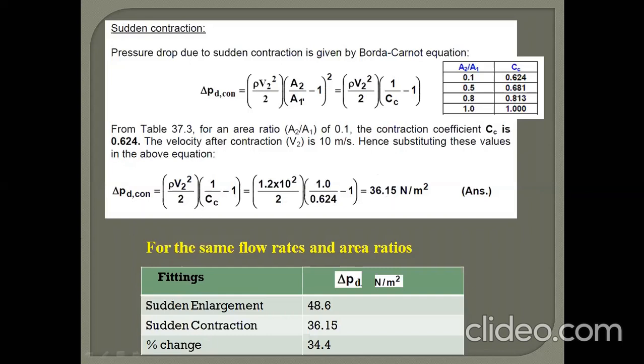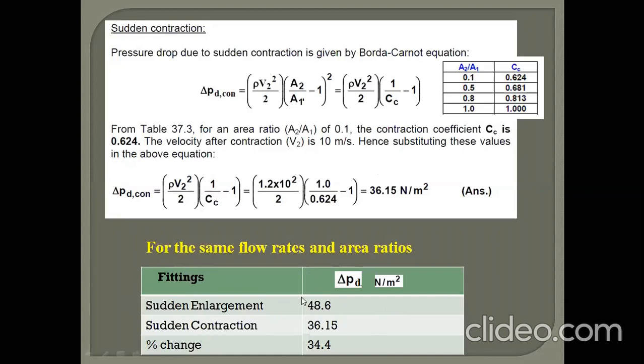So for the same flow rate and same area ratios, for sudden enlargement the pressure loss is 48.6 Newton per meter square, and for sudden contraction the dynamic pressure loss delta PD is 36.15 Newton per meter square.